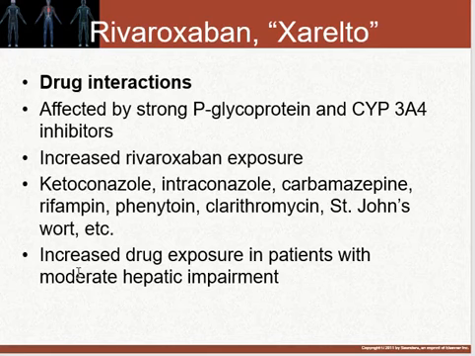There's a strong P-glycoprotein interaction, and a strong interaction with other drugs that are metabolized by the CYP3A4 enzyme system, specifically the inhibitors. The outcome here is increased rivaroxaban exposure, and the specific drug-drug interactions are listed there. And of course, with patients that have moderate to severe hepatic impairment, you definitely want to monitor them a little bit more closely.